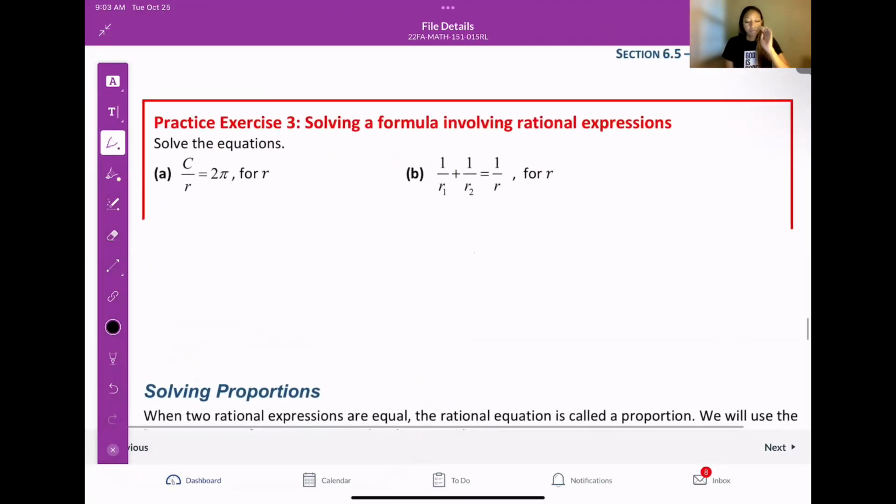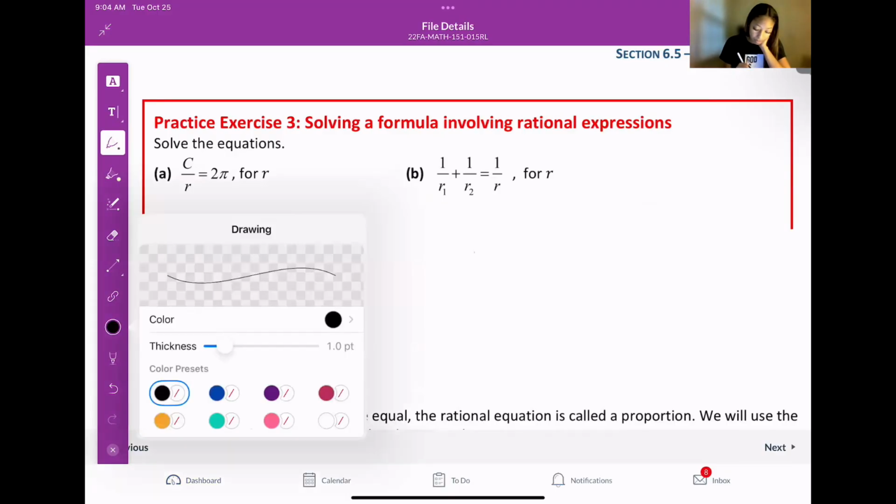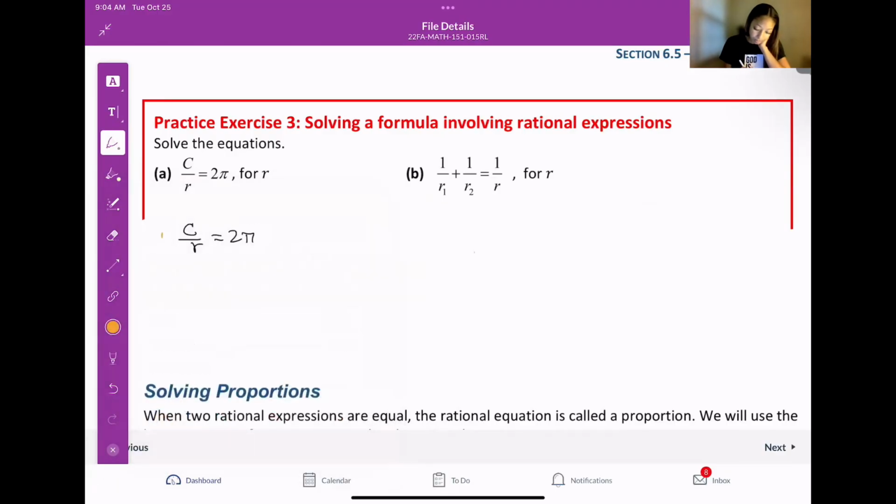All right, part A. C over r equals 2 pi, and we want to solve this for r, okay? We can multiply both sides of the equation by r because r is the LCD.